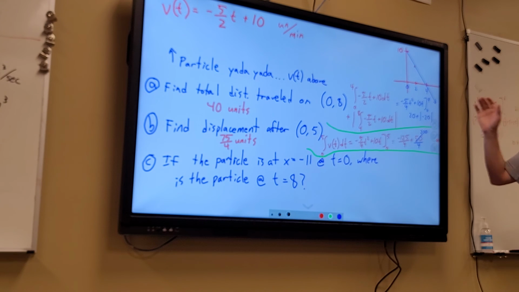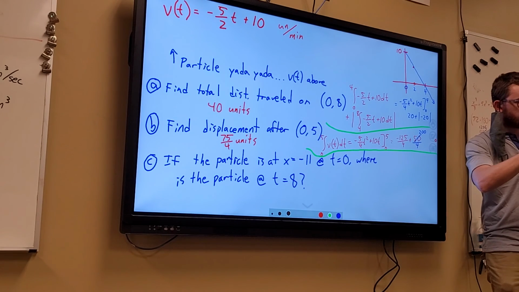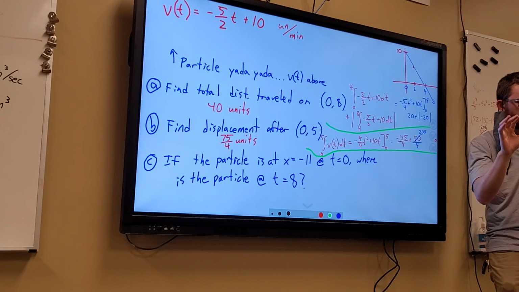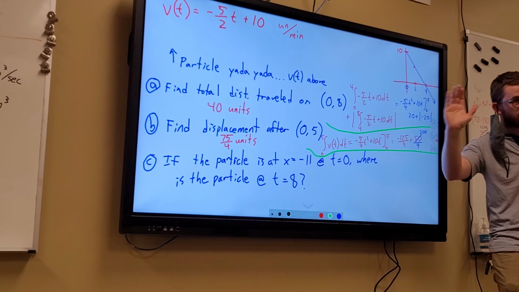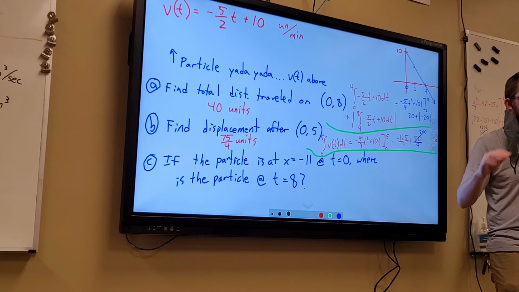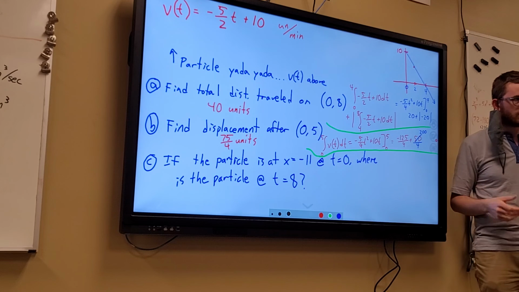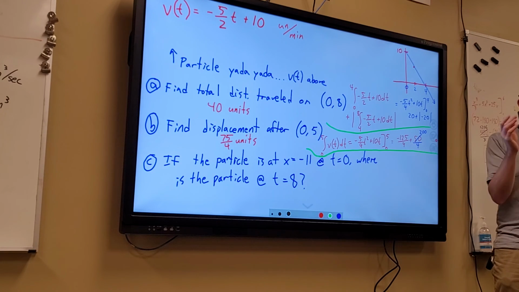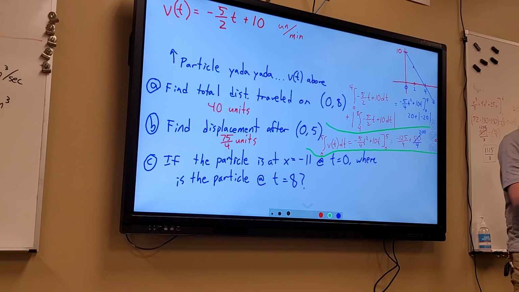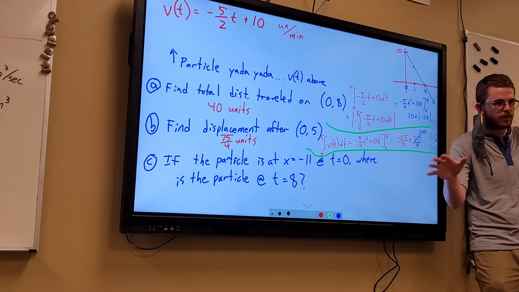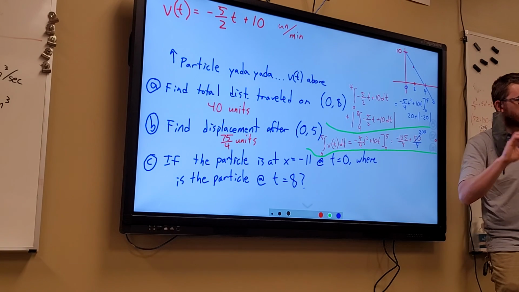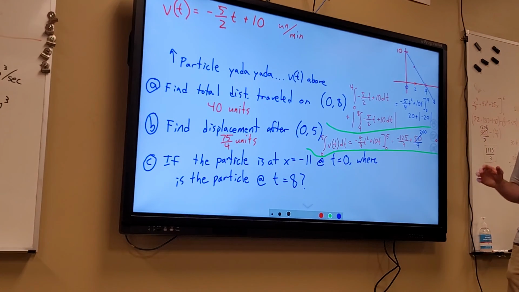Graphing makes sense, or you could set it equal to 0, find where it equals 0, and then think about, okay, to the left of that, is it positive or negative? And that can give you a sense even if it's not visual. If it's a quadratic, it doesn't have to be perfect, like our last one. You can find where it equals 0 and then look around it, kind of like what we did for a derivative to find when it was increasing or decreasing. Just get a sense of what's going on.